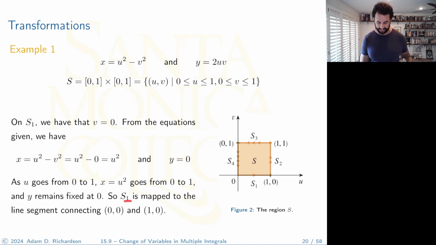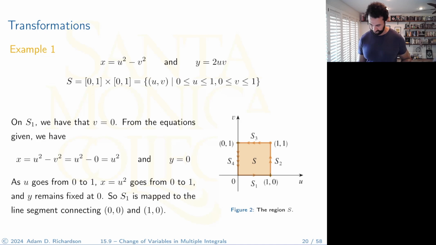So S1 is actually mapped to the line segment connecting (0,0) and (1,0). I don't want to flash forward to the final result yet, but this line is really just getting mapped onto itself, except maybe moving a little bit slower than it did before. That's what this squaring is going to do.